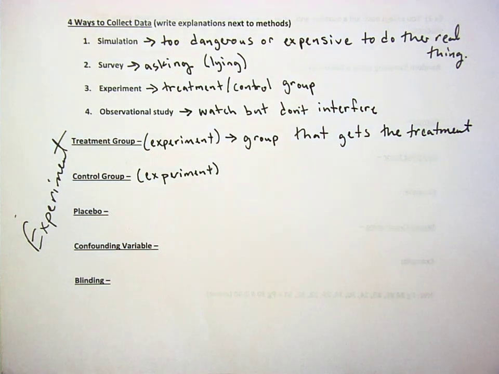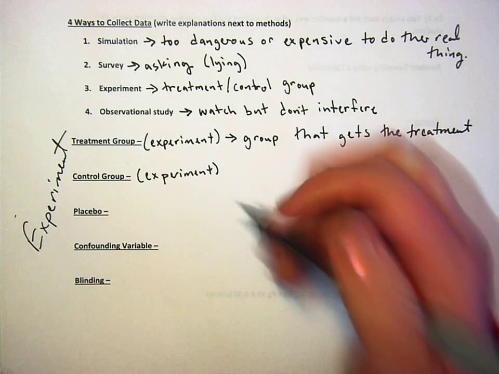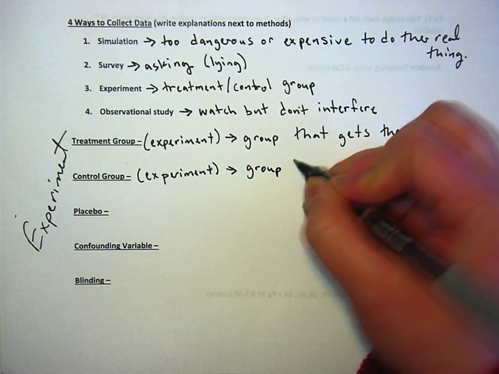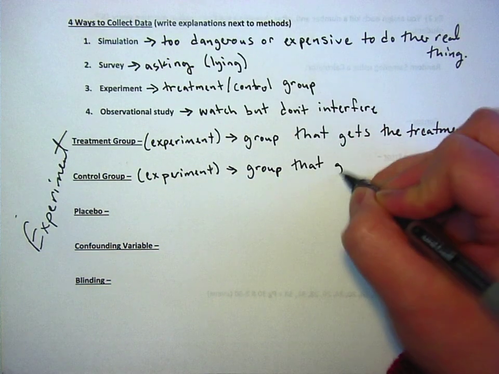But if you had a pill that you're using to figure out if you could stave off heart attacks or something like that, they would be the group that actually gets the pill. A control group is the group that gets the placebo.